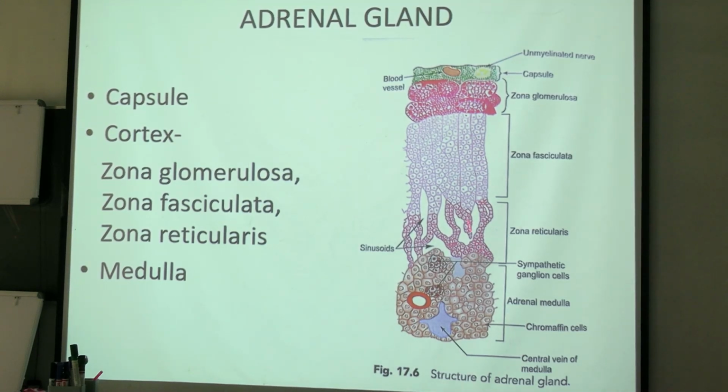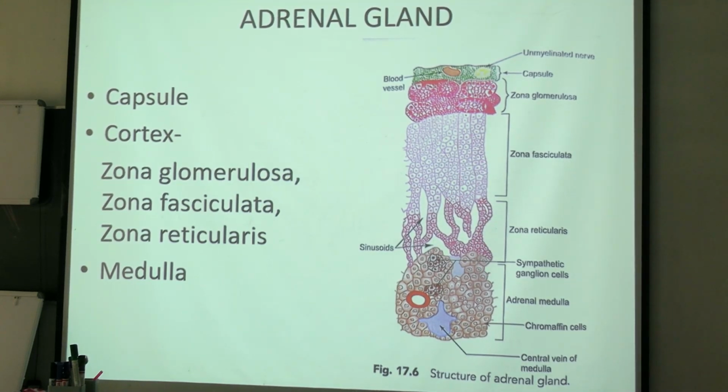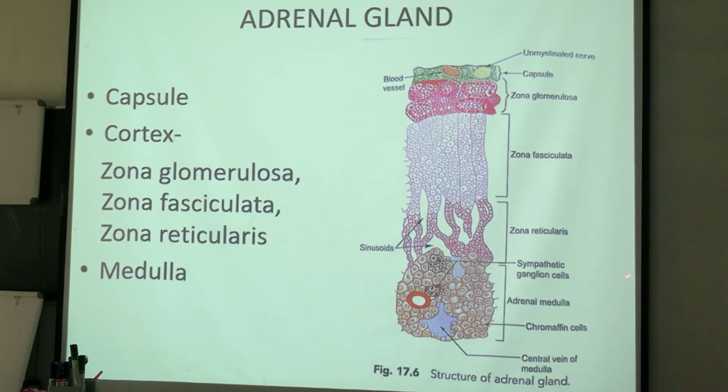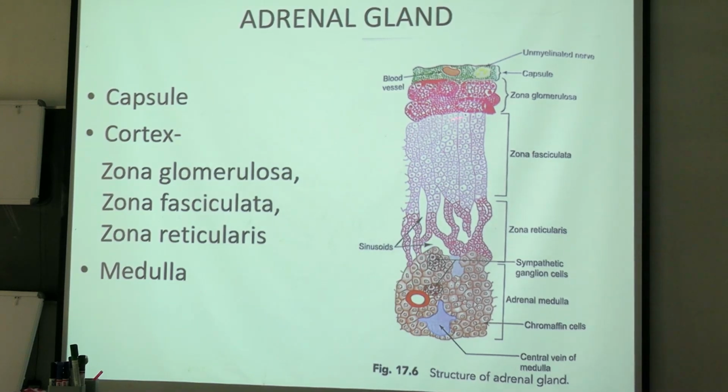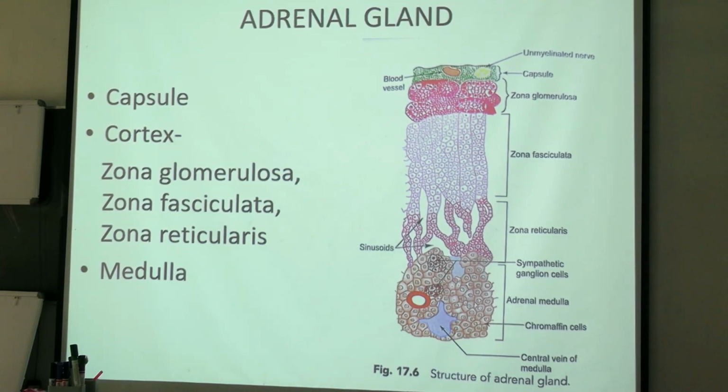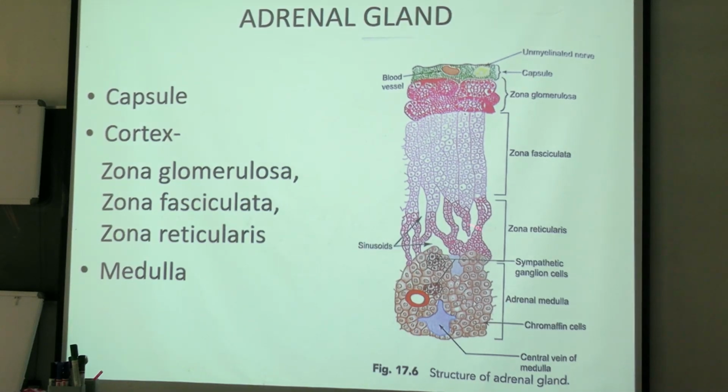In the reticularis, anastomosing cords are present, and in between the cells these are the sinusoids. Sinusoids are more in number near the region of reticularis, and you can see the size of the cell is larger in the fasciculata, and the cells are lightly stained compared to the zona reticularis.